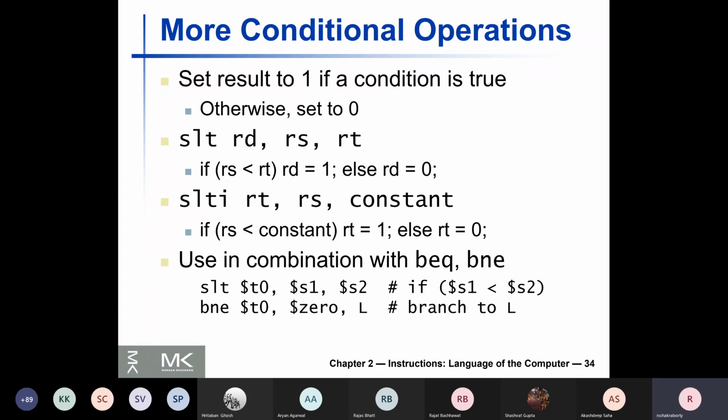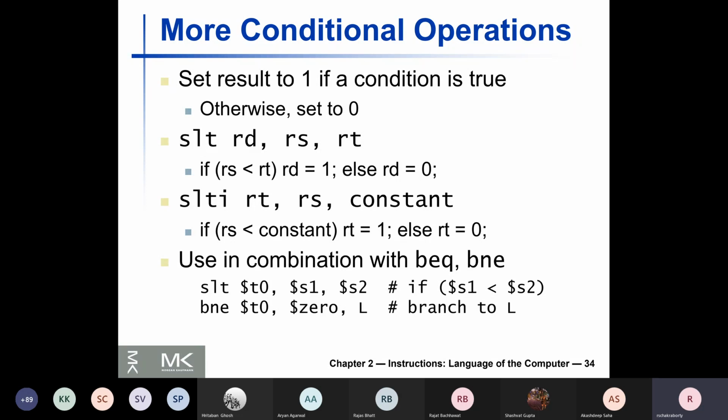Please note another small misconception that I have seen among students in previous classes. They think that if the comparison fails, RD will keep on containing whatever value it contained earlier, which might be any junk value. No. The SLT and SLTI instructions are deterministic with respect to what values RD will contain.